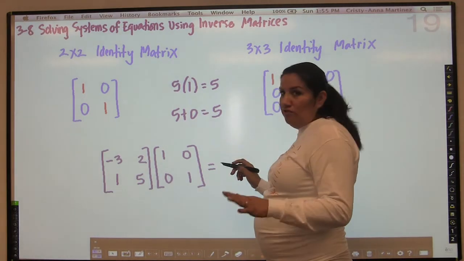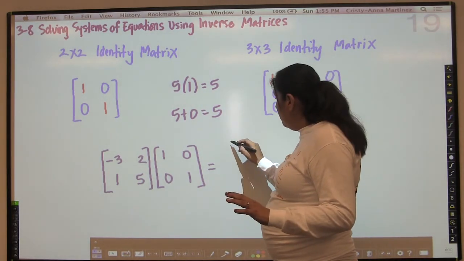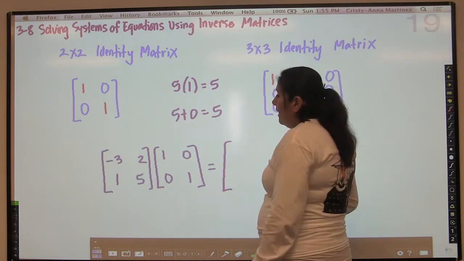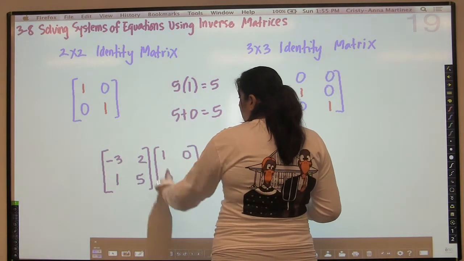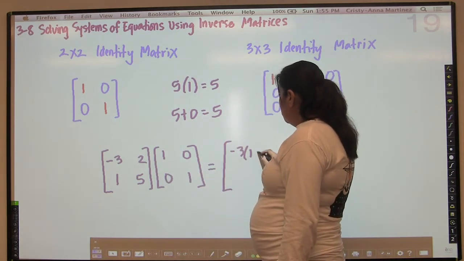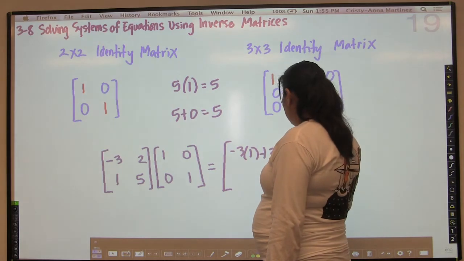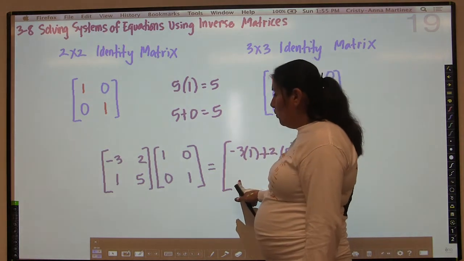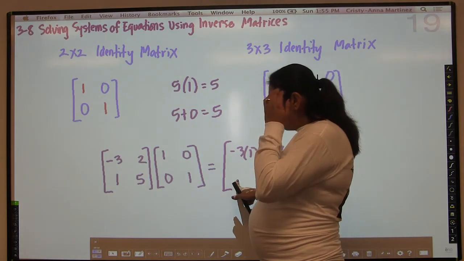At the same time, review your skills on multiplying. So a 2 by 2 times a 2 by 2 will yield a 2 by 2. And so we're going to go row 1, column 1. So it's going to be negative 3 times 1 plus 2 times 0 for that element. And then this element is going to be row 2, column 1.